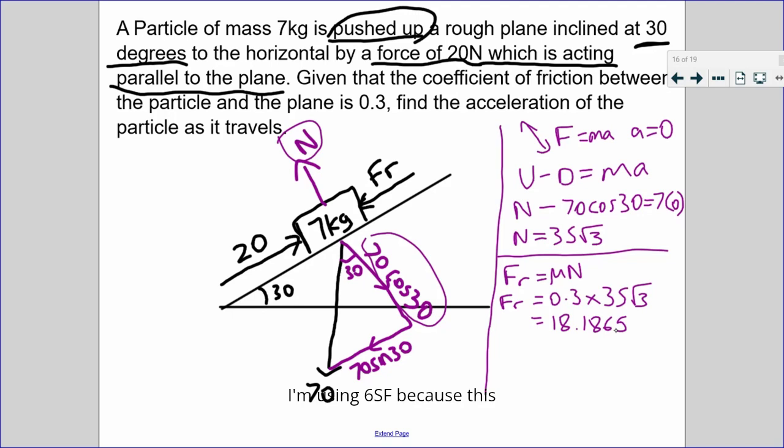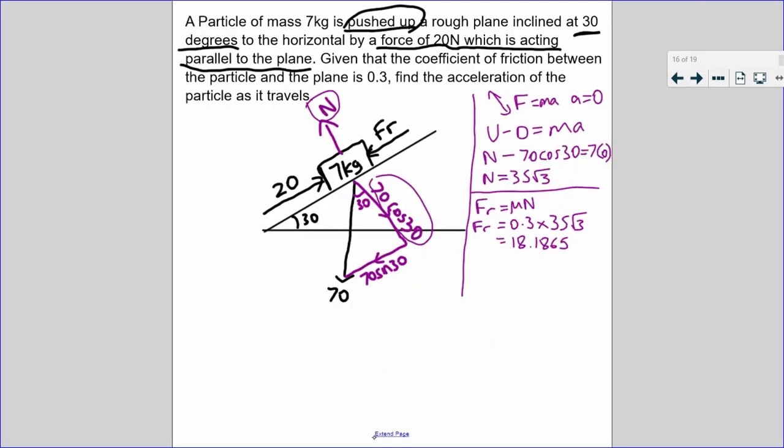I'm using 6SF because this isn't the final answer and I need to use it again in the next calculation. Ideally you want the full digits on the calculator, but this should be enough to make sure there's no rounding errors in the final answer. So we've got friction, and now we will move on to F equals ma in the direction of the motion. Let's do that over here.